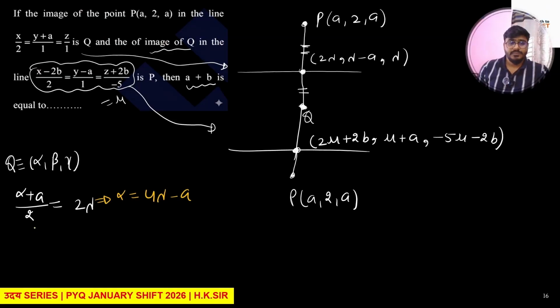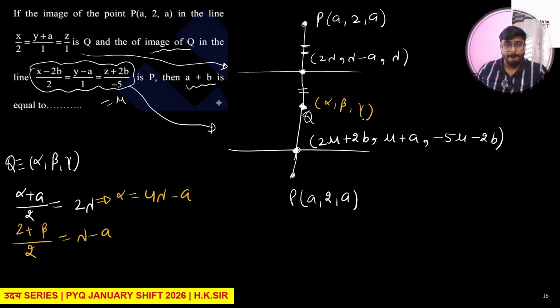What about the y coordinate? 2 plus beta divided by 2 equal to lambda minus a. So 2 plus beta equal to 2 lambda minus 2a. From here beta equal to 2 lambda minus 2a minus 2.